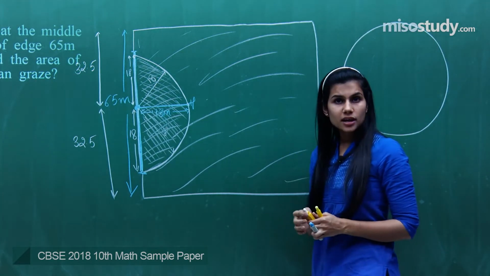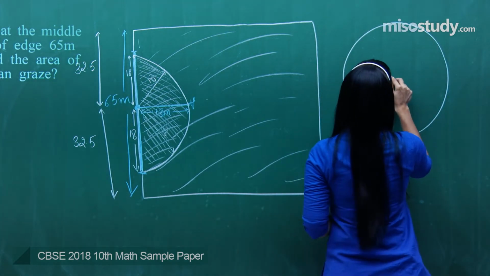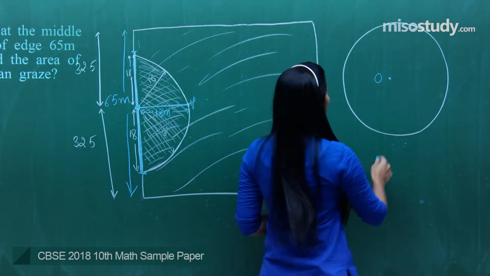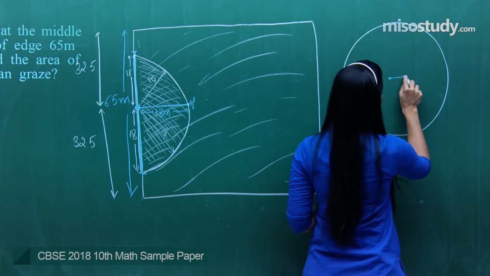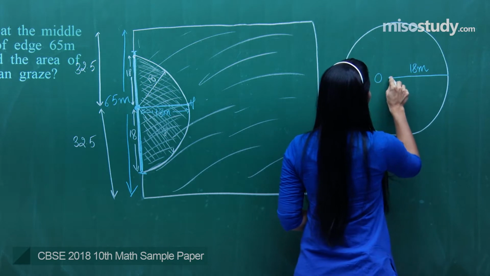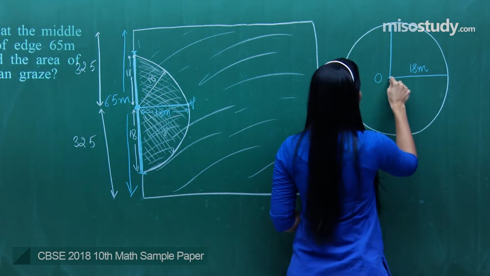suppose I have a circle with center O, and the radius of this circle is, say, 18 meters. Now what I do is I draw like this.